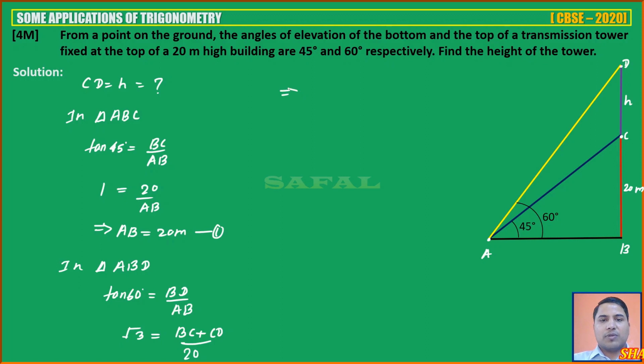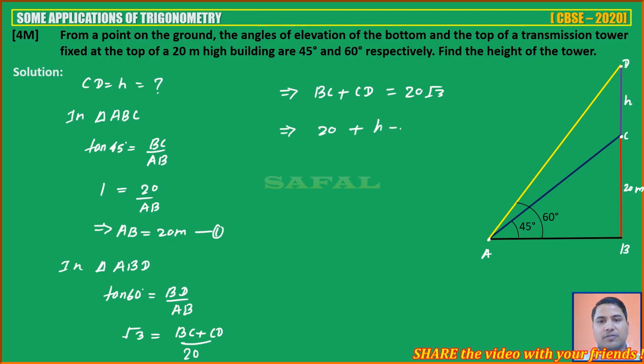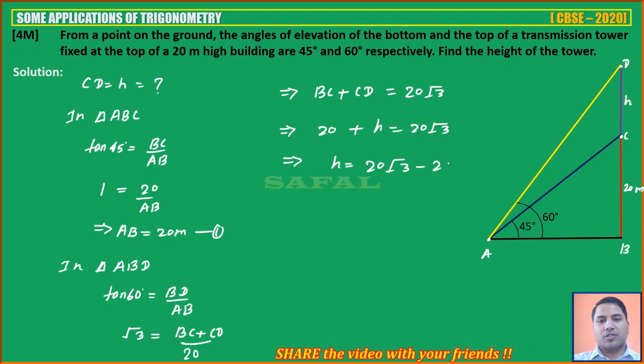On cross multiplication, BC plus CD equals 20 root 3. The value of BC is known to us, that is 20, and CD is H. So 20 root 3, again 20 will go to that side: 20 root 3 minus 20.